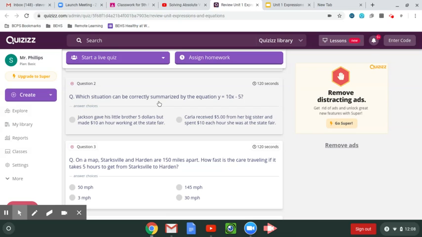Which situation can be correctly summarized by the equation y is 10 multiplied by x minus 5? All right. Now, when we're thinking about this, hopefully we can pull back to some middle school memory because we haven't covered linear functions that much this year, but it is an equation that we're hoping you guys can dictate which parts of the equation go with the actual verbal translation.